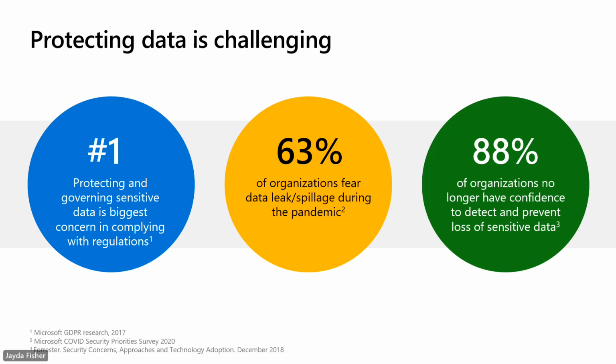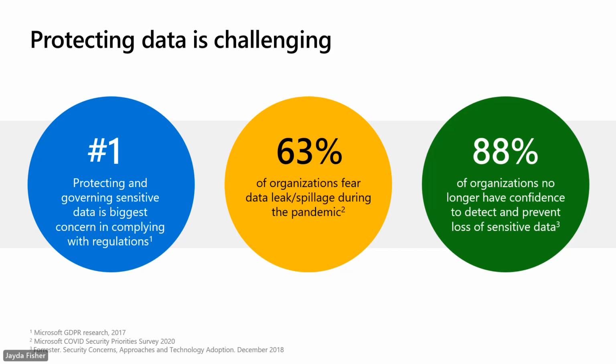All organizations are dealing with data that is sensitive, and protecting this data we know is a top priority for them. But we also know that it's easier said than done. So just finding that data is a challenge, knowing how to identify it and where it's located, as well as how it's being shared both internally and externally, is such a huge problem that 80% of that knowledge is dark to most of our customers.